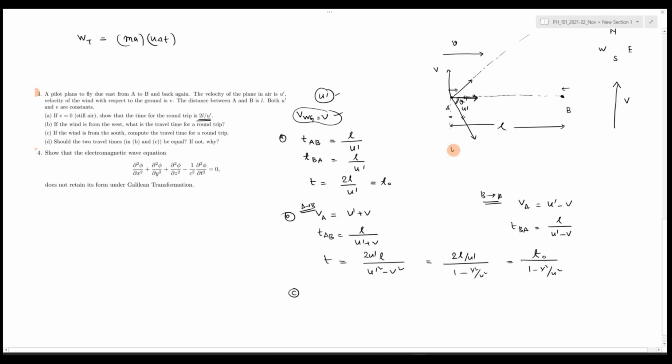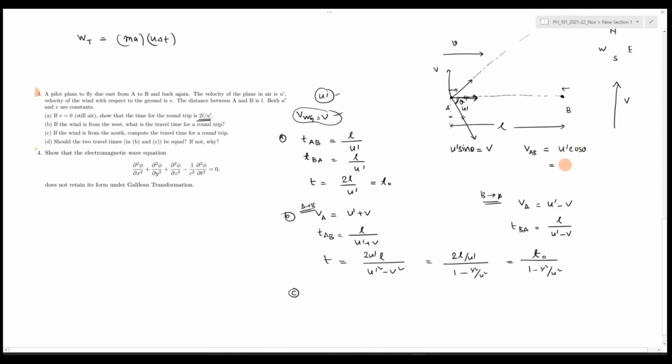So u prime sine theta must be equal to v so that the plane can reach from A to B. Now the speed of the plane along the AB direction, when going from A to B, will become u prime cos theta.